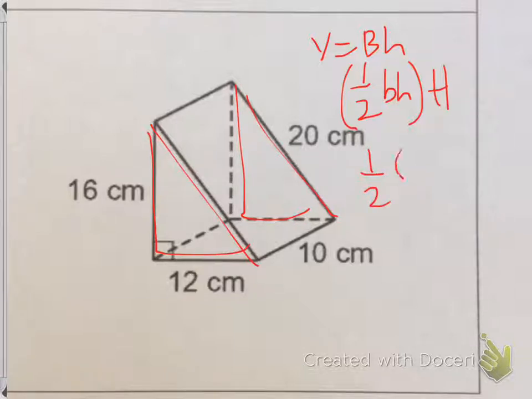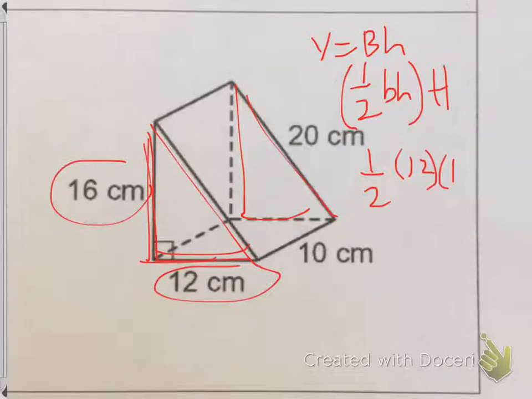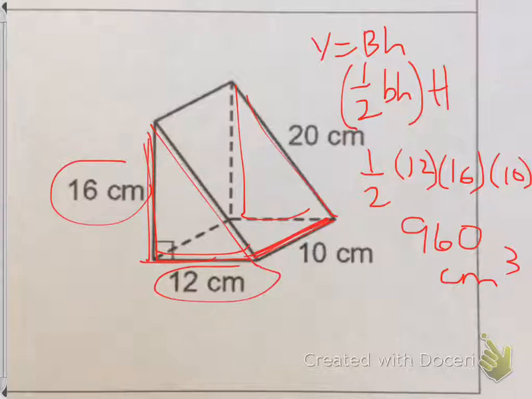So 1/2 of 12 times 16, because that makes up the triangle, and then times the height of the prism, which is in between the two triangles, which is 10. Punch that in your calculator, and when I do that, I get 960 centimeters cubed because it is a volume.